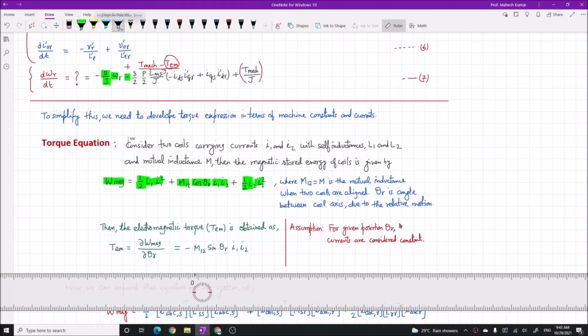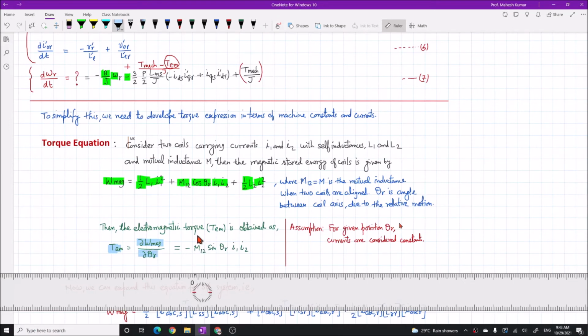If I want to find out the torque developed by this stored energy, it will be the rate of change of this energy with respect to the relative position of the coils. So this will be TEM equals del W magnetic by del theta r.